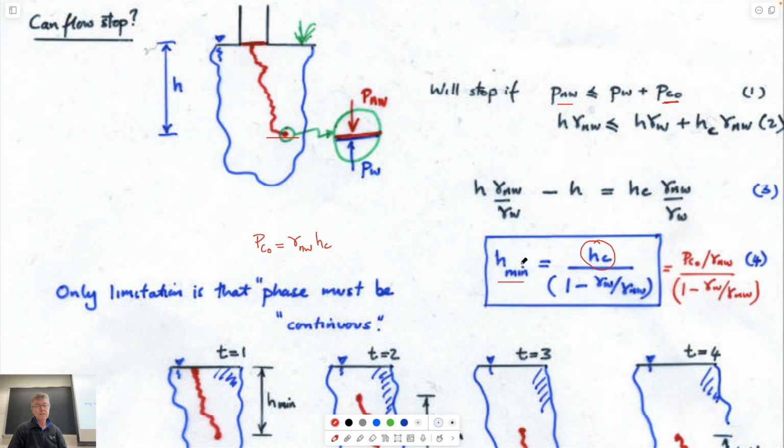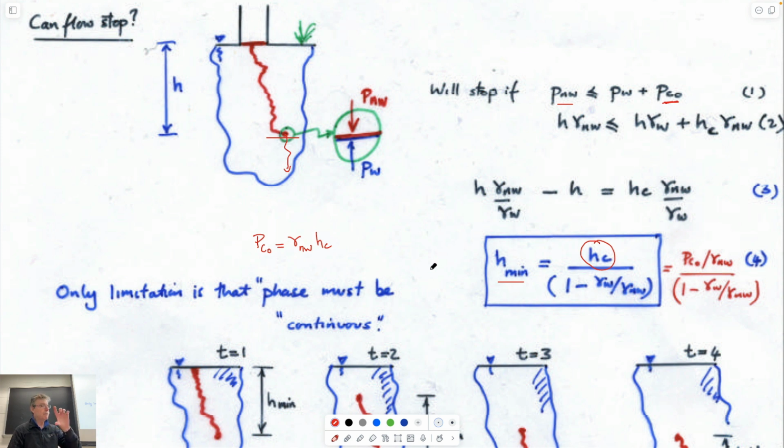So all it's saying is that as long as this height is big enough, then the pressure acting at the base will be big enough to overcome the pressure of the water acting upwards and the entry pressure which is acting against it. And so this is the criterion, if you like, to say when it is that the red fluid will keep on going.